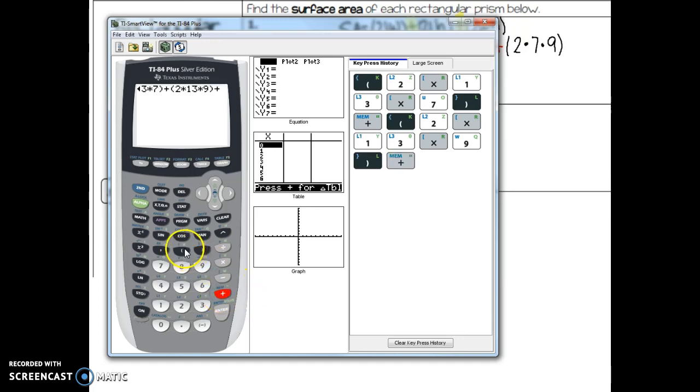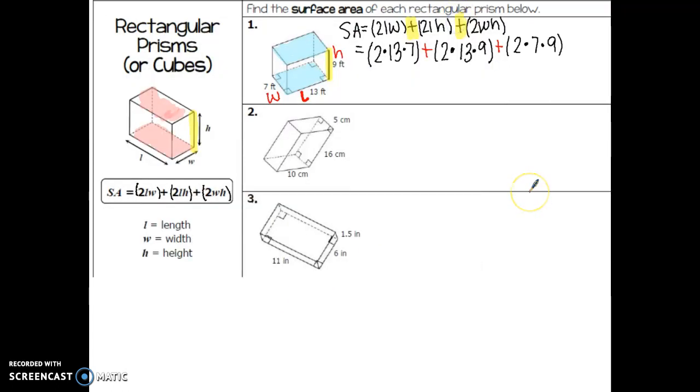Another plus sign, new set of parentheses, and 2 times 7 times 9, close parentheses, click enter, and that's it. You have found the surface area for our rectangular prism. So our SA is, let me check, 542. So 542. And we are done. That is all we need to do there.